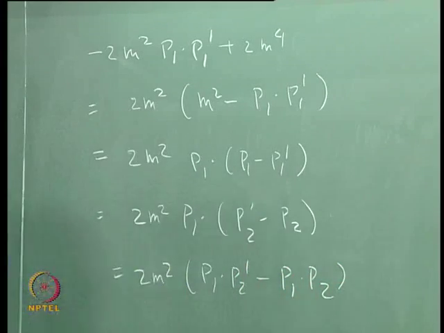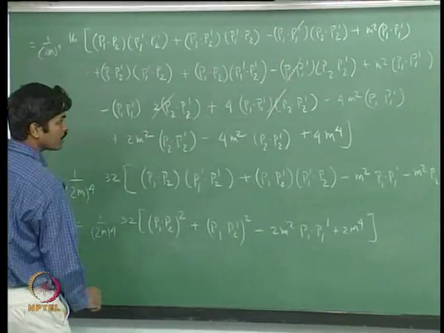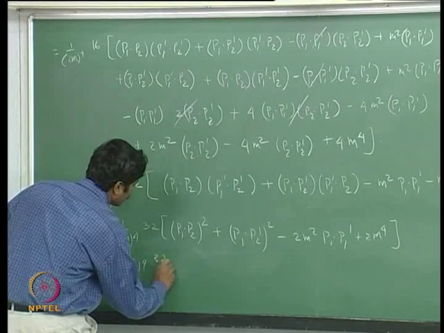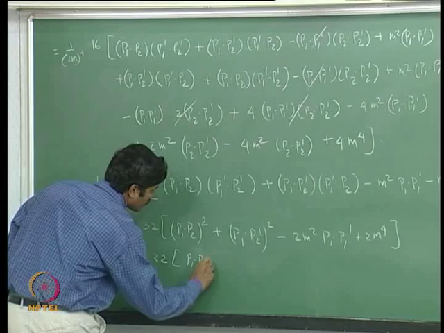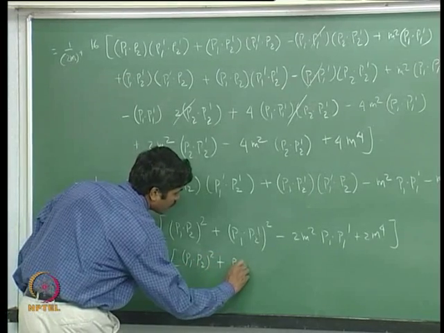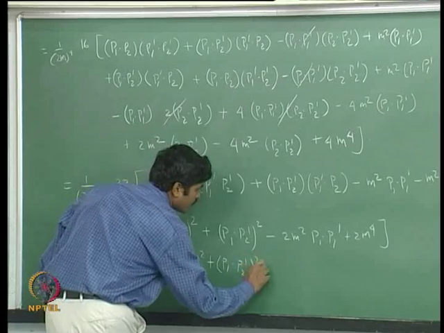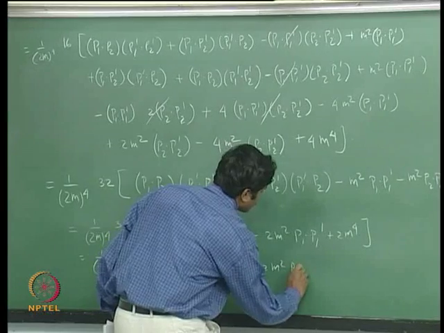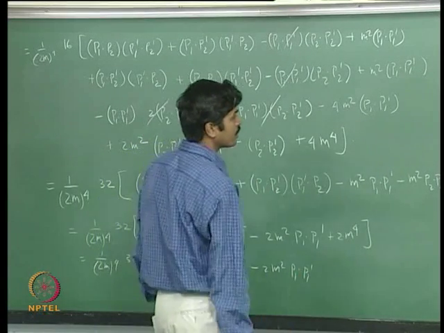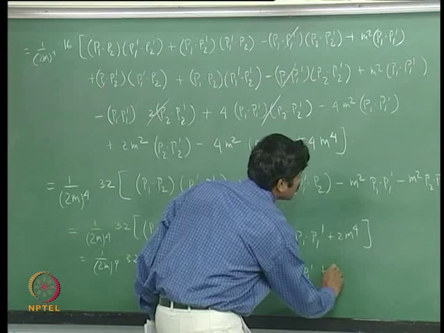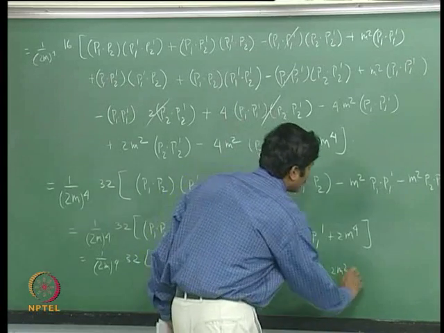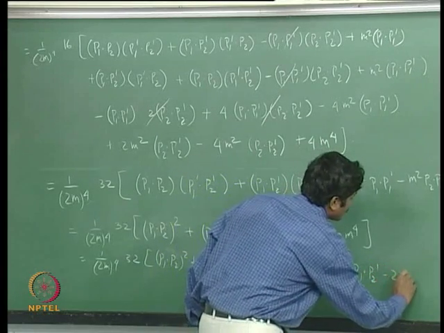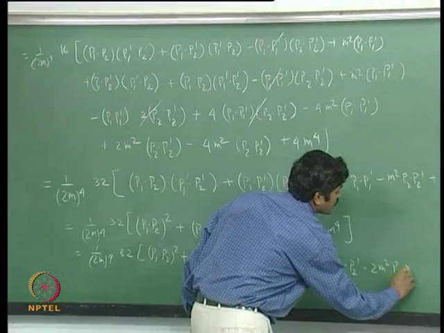I will substitute this here, then what I get is 1 over 2m fourth, 32 times P1 dot P2 square plus P1 dot P2 prime square minus twice m square P1 dot P1 prime plus twice m square P1 dot P2 prime minus twice m square P1 dot P2. All right.